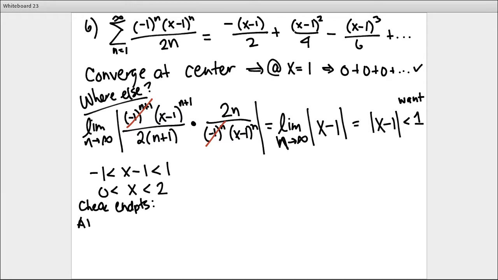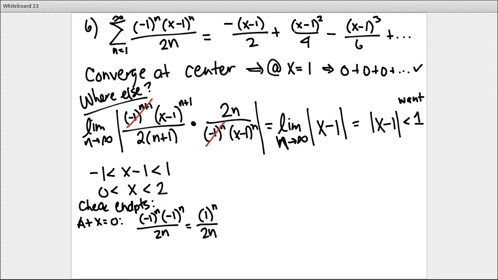So at x equals 0, what do I have? I end up having a -1 to the nth power times -1 to the nth power all over 2n, which ends up giving you a -1 to the 2n, but that ends up being a positive 1.